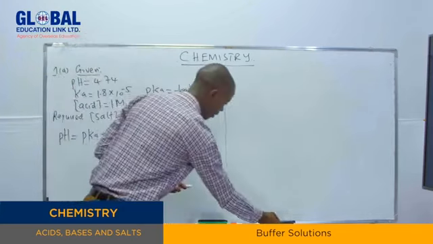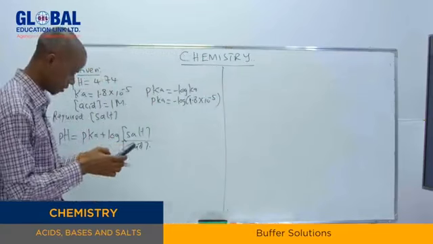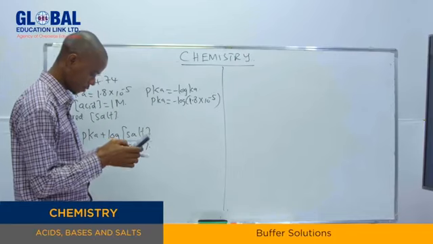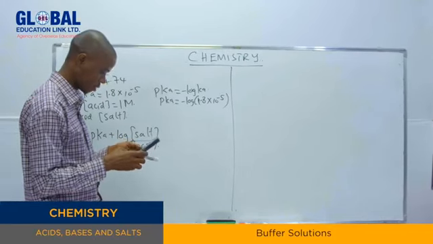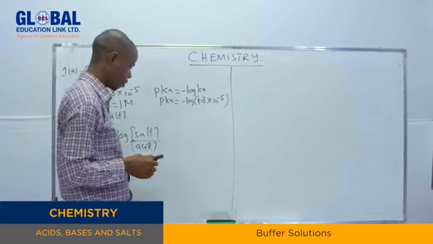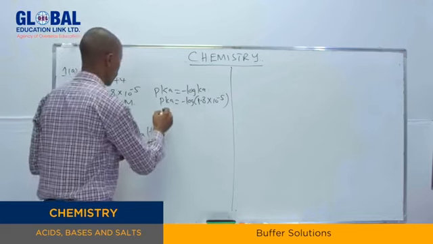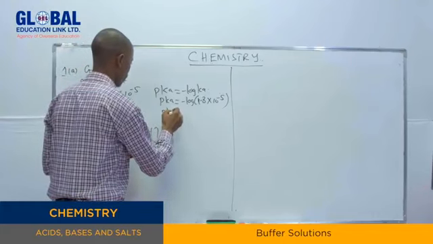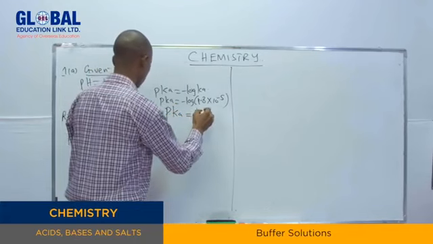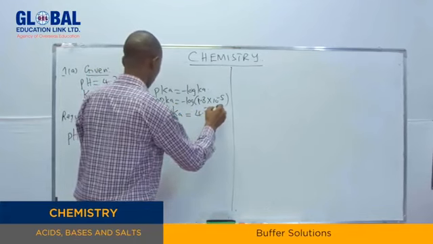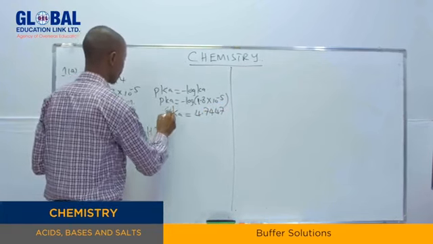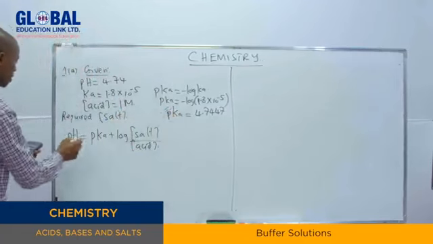So you can use your calculator. You take your calculator, then you find that one. There you're going to get the following answer: pKa is equal to 4.7447.